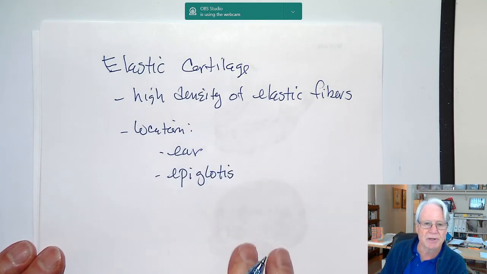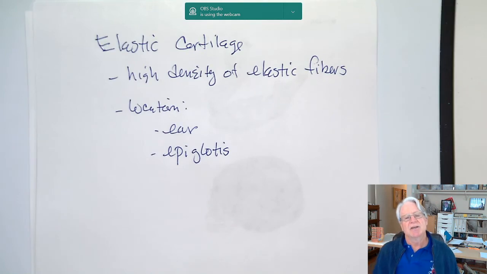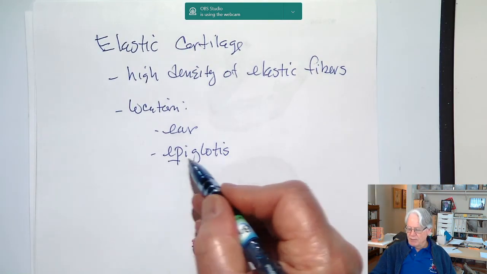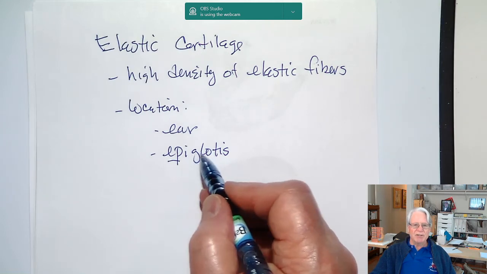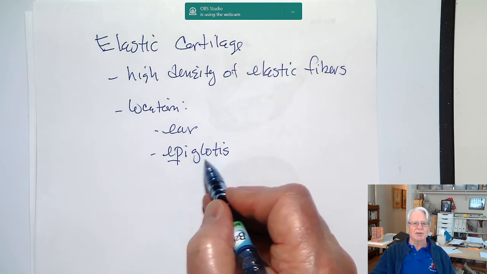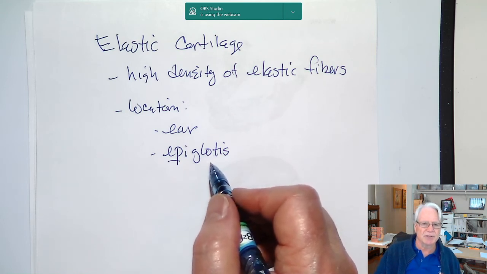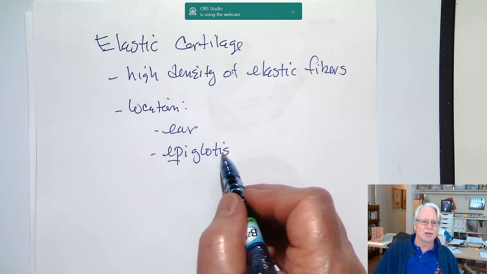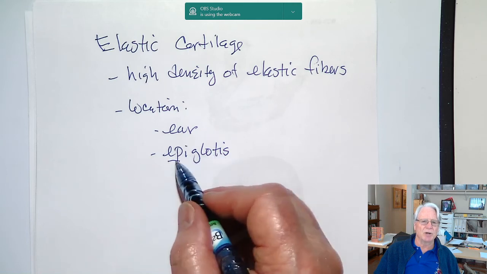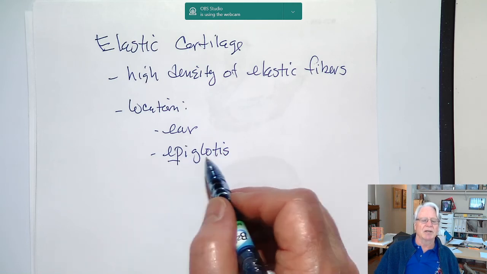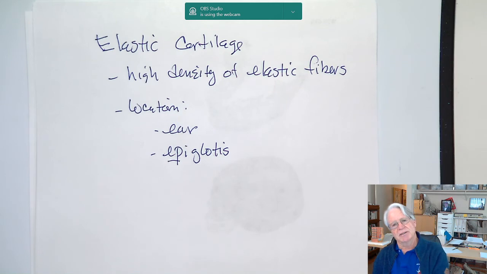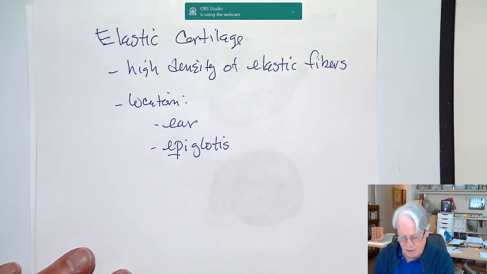Now, if you've never heard of that term, epiglottis, you can at least figure out something about it, because what does epi mean? It means above. So whatever this thing is, it's sitting above this other thing called the glottis. So you're going to run into that when you do the respiratory system. This structure closes off the airway when you swallow food or liquid. So it's called the epiglottis, and it's composed of elastic cartilage.